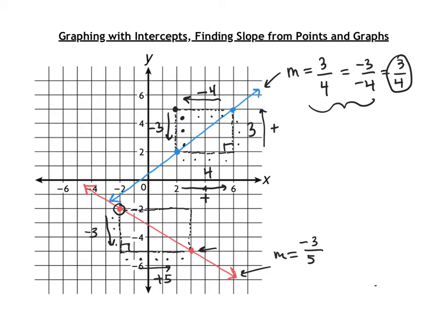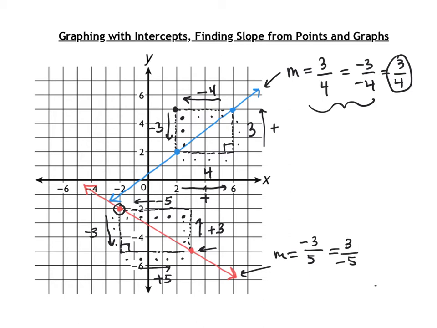If I'm going to go to the other point, I have to go up, which is positive, positive 1, 2, 3, positive 3. But then I go to the left, and going to the left, look at the x-axis. When I go to the left, 1, 2, 3, 4, 5, that direction, it is negative 5. And rise over run ends up being positive 3 over negative 5.